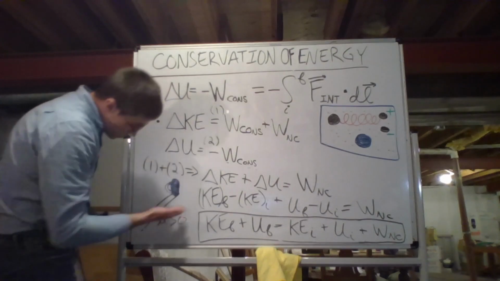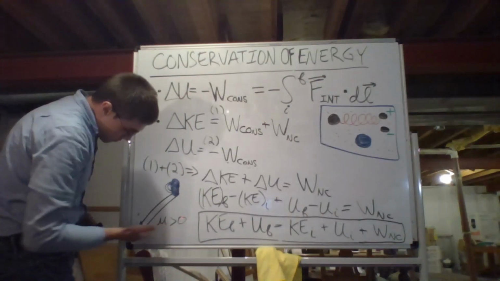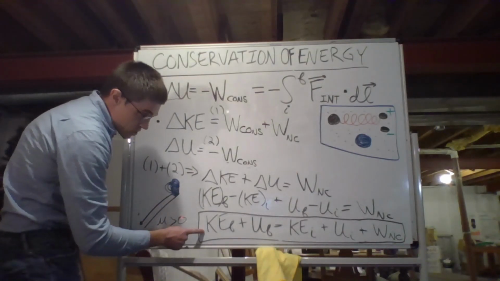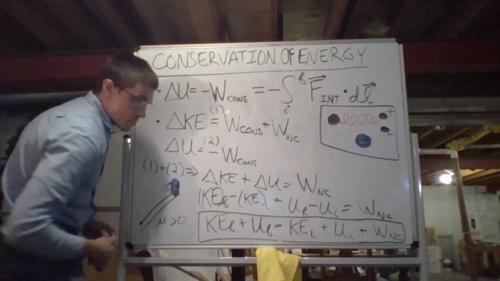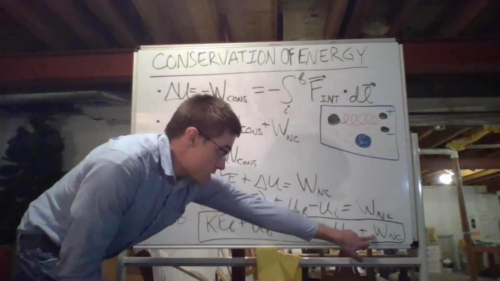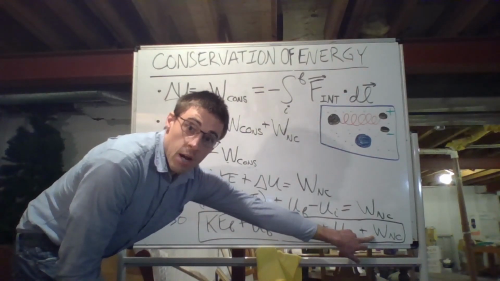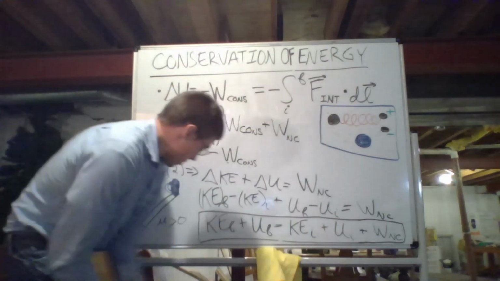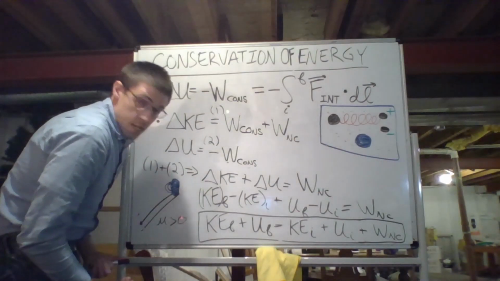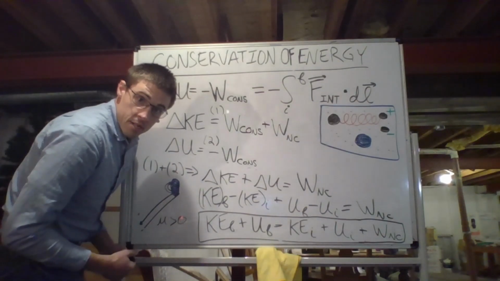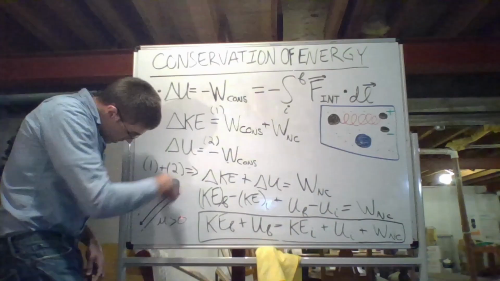In this case, where I have a non-zero friction force, I would have kinetic energy final is the initial potential energy, mgh, plus the work done by non-conservative forces. Now, how much work is going to be done by non-conservative forces as this backpack slides down the ramp? Well, it's going to be a negative number, because the displacement is going to go down the ramp.